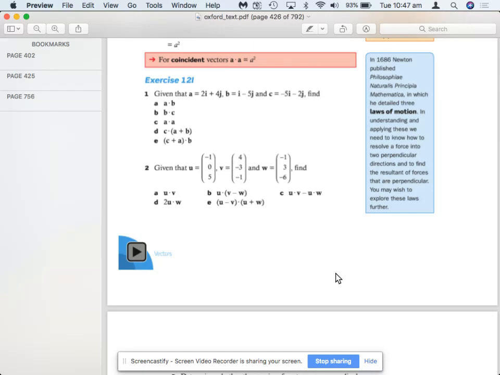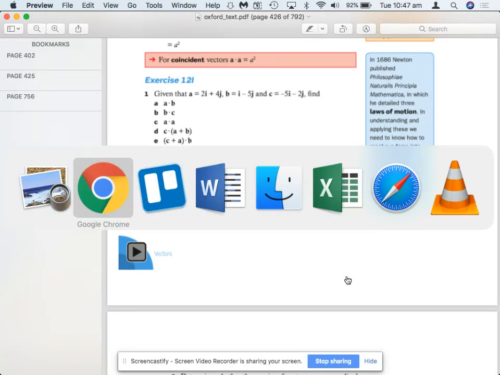And vector B is i minus 5j. And vector C is 5i minus 2j. Okay, cool. So I've got those.